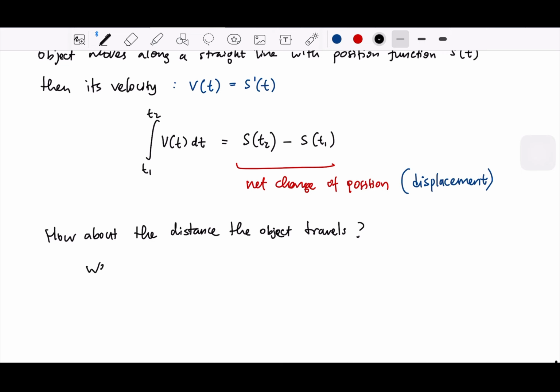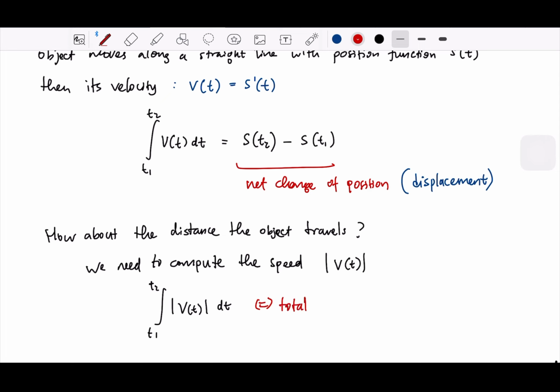We need to compute the speed, not velocity. That's a different thing, right? The speed is the absolute value of v(t). Okay. So therefore, the integration will be this. Then we call this the total distance traveled.